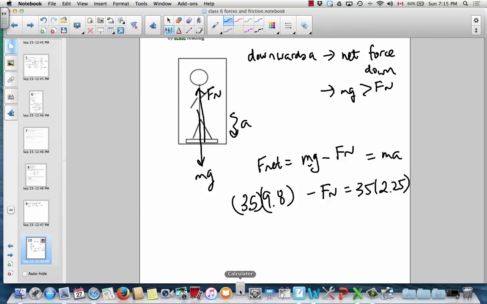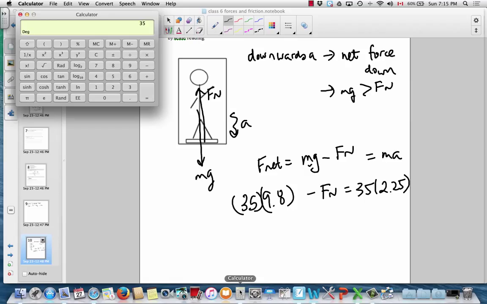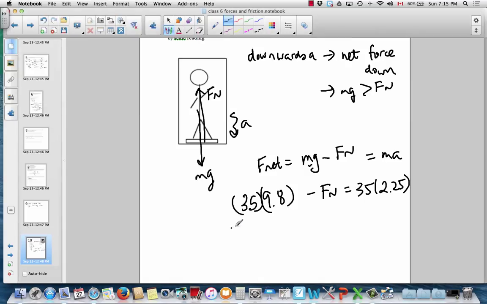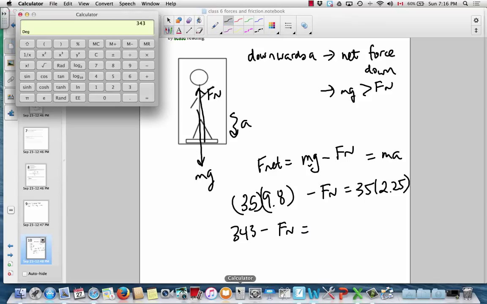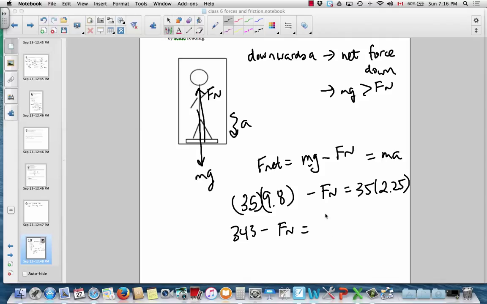So let's work out what that is. 35 times 9.8 is 343. And then 35 times 2.25 is 78.75.